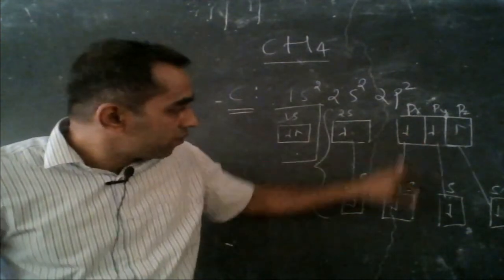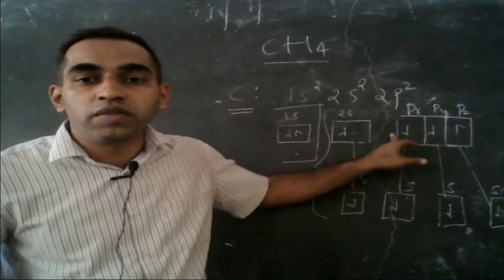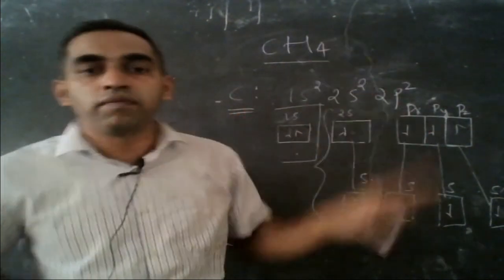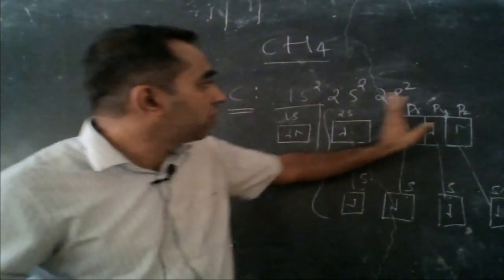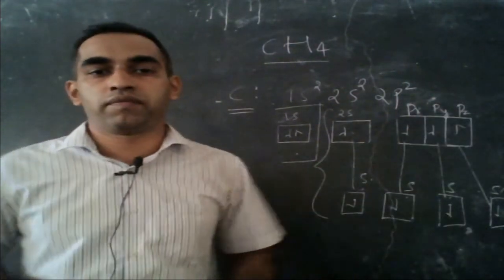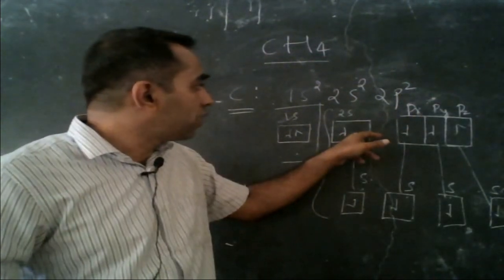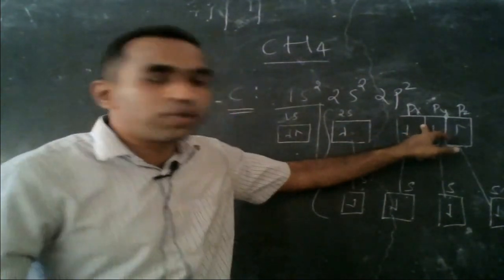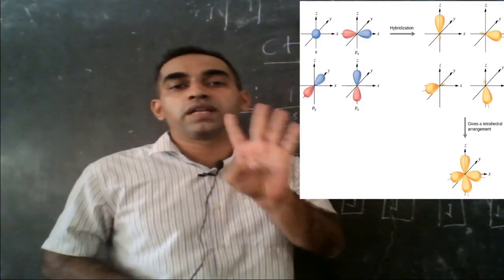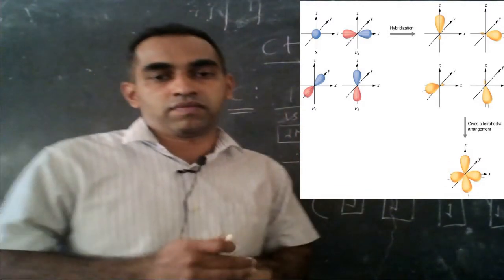So, before the formation of this bond, or the C-H bond, you have to mix 2s with 2p orbitals. Mix 1 orbital from the 2s subshell and 3 orbitals from the 2p subshell to give 4 orbitals equal in energy.